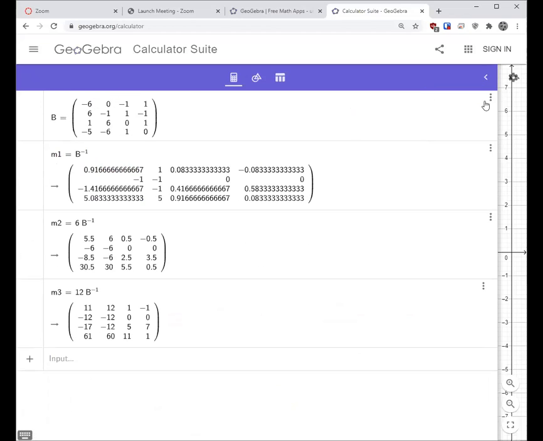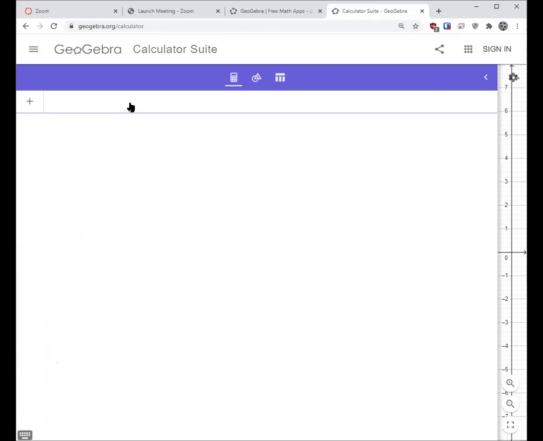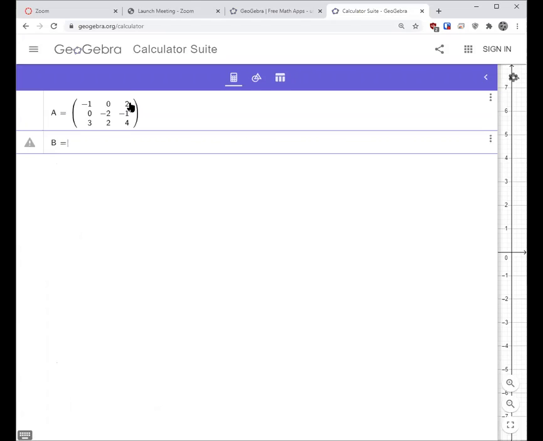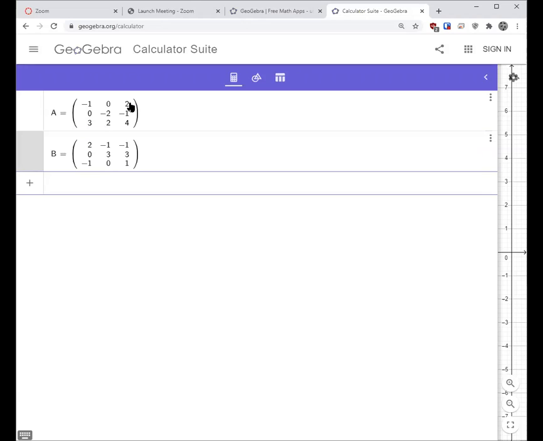I'm just going to go ahead and delete all this, and I'm going to make A this new matrix, and then make B the other matrix. Okay, and then double check that those are the right ones.